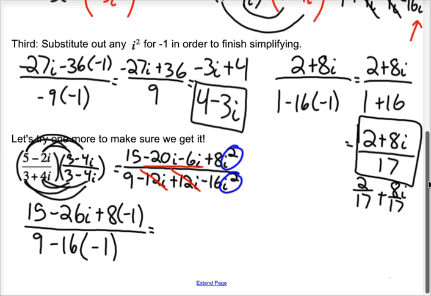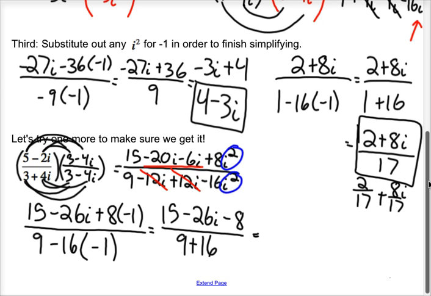All right, so we're nearly there. So 15 minus 26i, and now we have a minus 8 there. And on the bottom, we have 9 plus 16 now, because of those negative 1s.